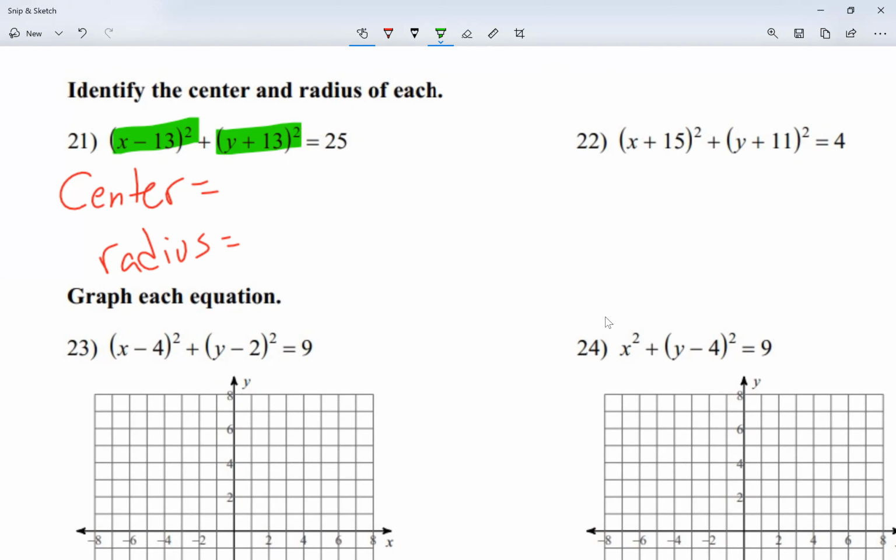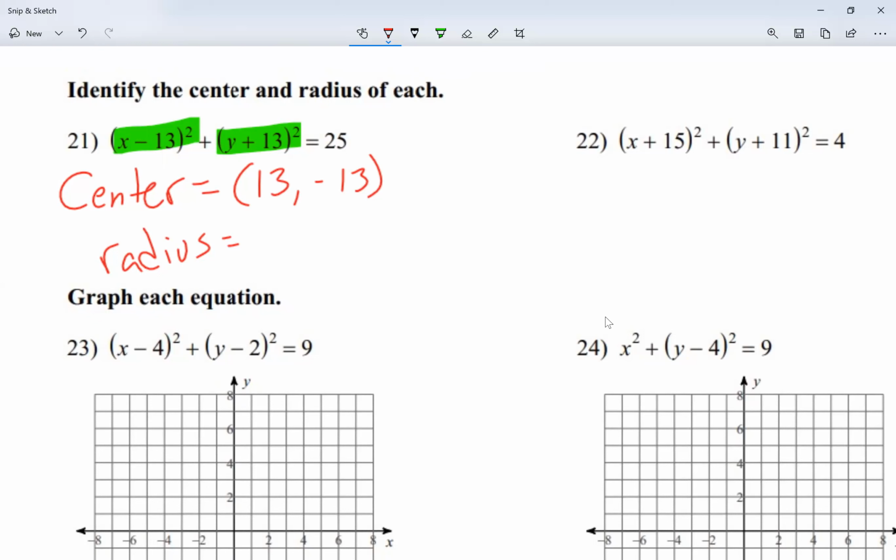So that's going to give me the x and the y coordinates. The only thing is that the values that we see with the x and the y switch the signs. So my center is going to be positive 13, negative 13. Notice how for each of those values, I switched the sign.